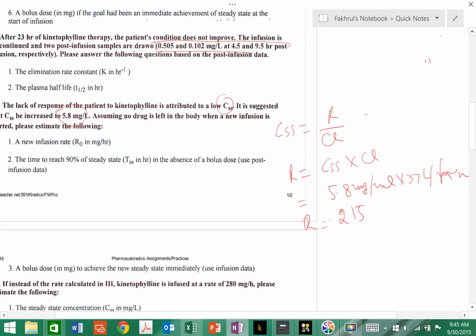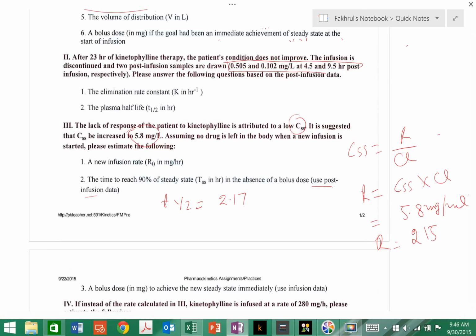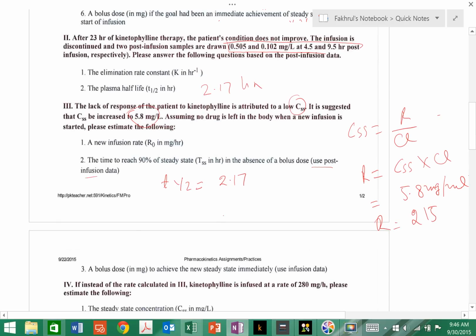Now the time to reach steady state concentration, and it says use post infusion data. We know T half for post infusion, which we found, is 2.17 hour. As we know, time to reach steady state is 3.3 half-lives.